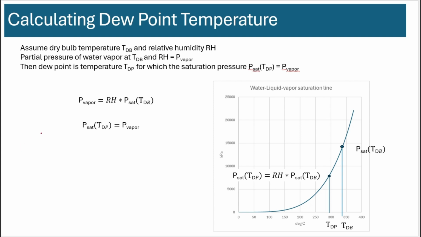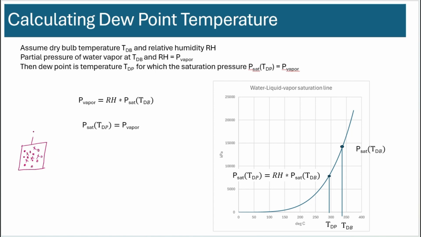All right, so now let's think about calculating the dew point temperature. So what exactly is dew point temperature? As we had discussed before, let's say there's a mixture of air and water vapor. The X here is the water vapor.